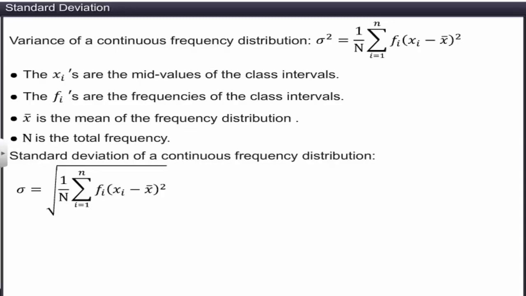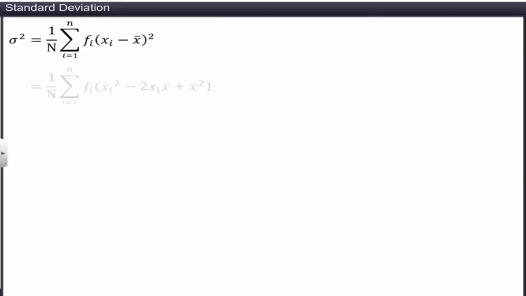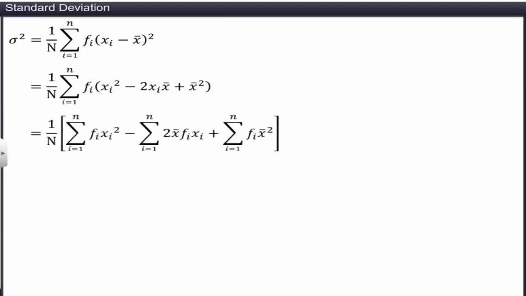Let's derive an alternative formula for the standard deviation of a continuous frequency distribution. Consider the formula for the variance of a continuous distribution. On expanding the whole square, we get the step shown. Let's simplify the expression obtained.